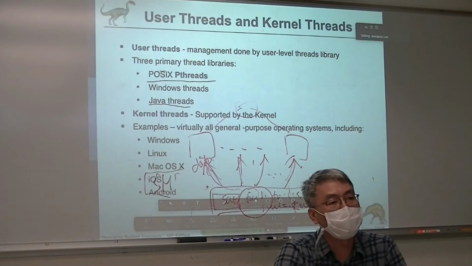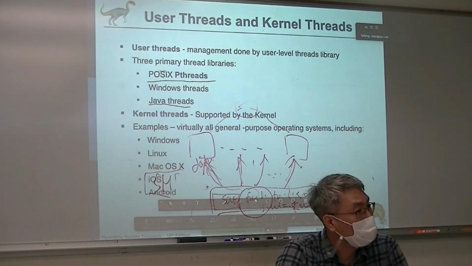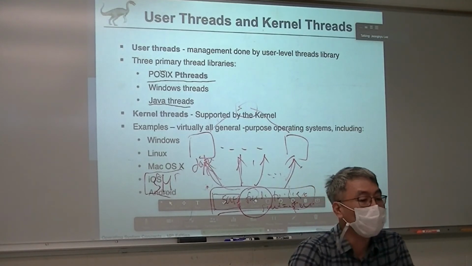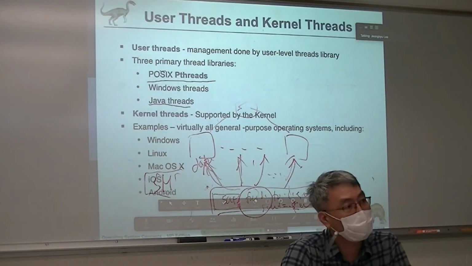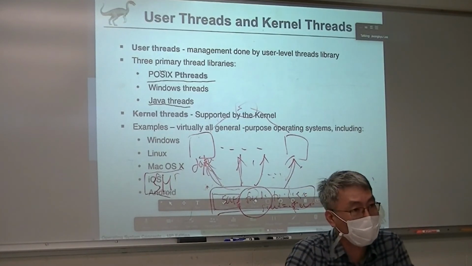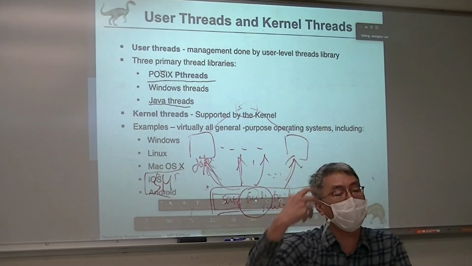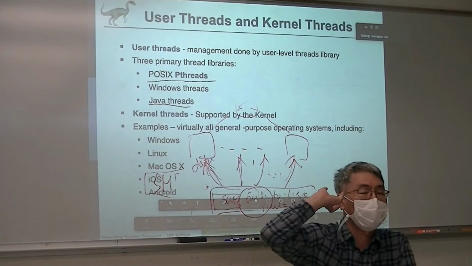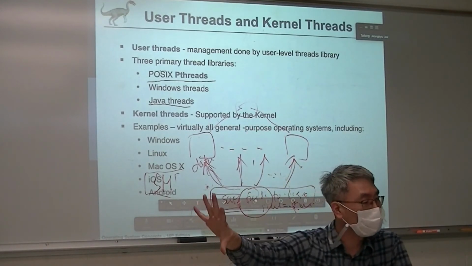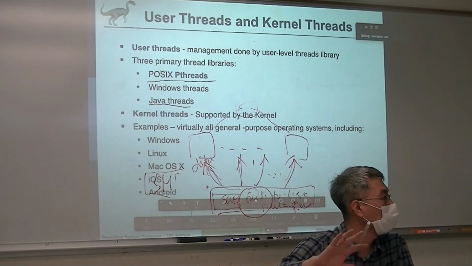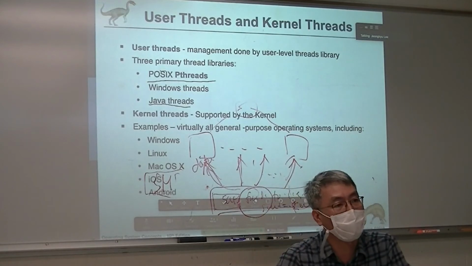So pthread is more like the specification, not the implementation. But Java thread and Windows thread are implemented by the operating system. That makes sense because Linux has a lot of different variants. Red Hat Linux, Ubuntu Linux, CentOS Linux, they have their own pthread library.